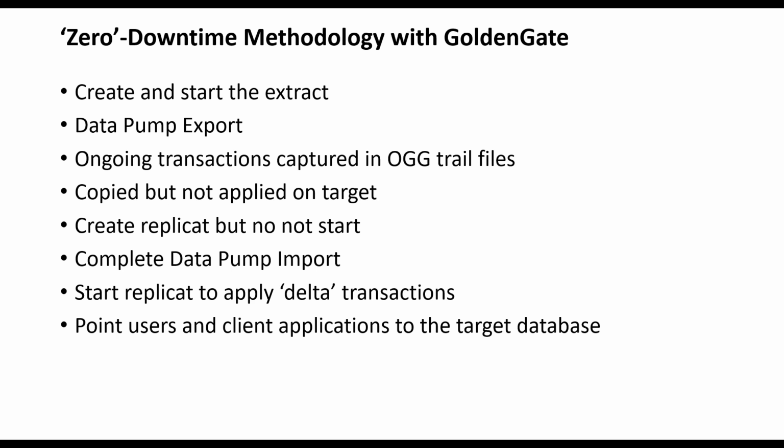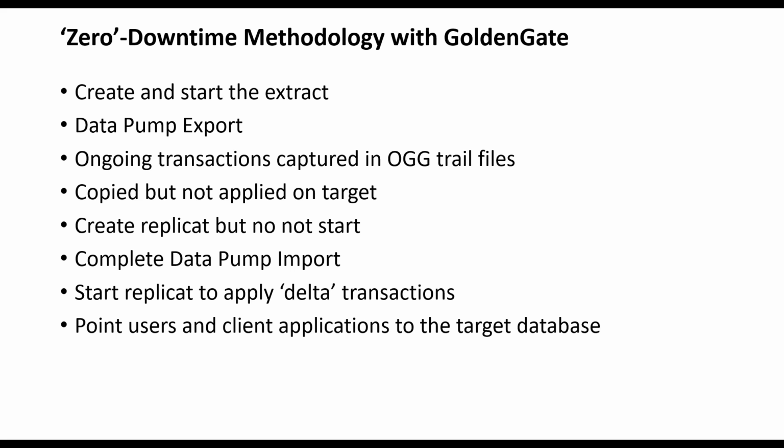So if you were to look at a zero downtime migration methodology using Oracle GoldenGate, typically it happens like this. We create and start the extract on the source, and then we take the data pump export. And while the export is going on, or while the export is being copied from the source to the target, obviously our production database is still receiving transactions.